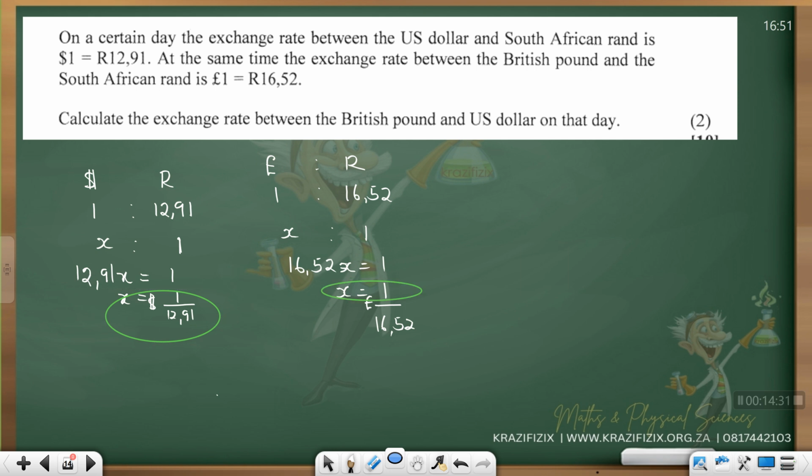I don't know if that makes sense. So what should I do? We're saying 1 rand is 1/12.91 dollars, which is the same as 1/16.52 pounds.